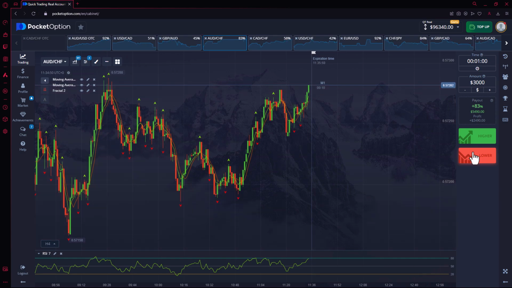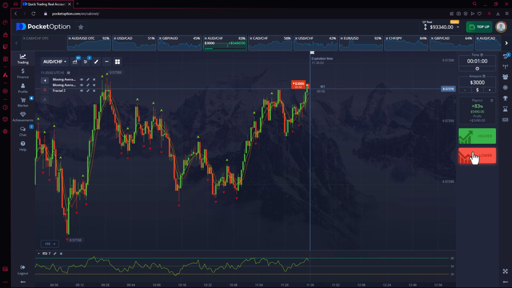Here, guys, for example, it's a good idea to open a downtrend. We reached very deeply into the overbought zone previously, then we went to the oversold zone, a pretty good movement, and now we have again reached the overbought zone very aggressively.